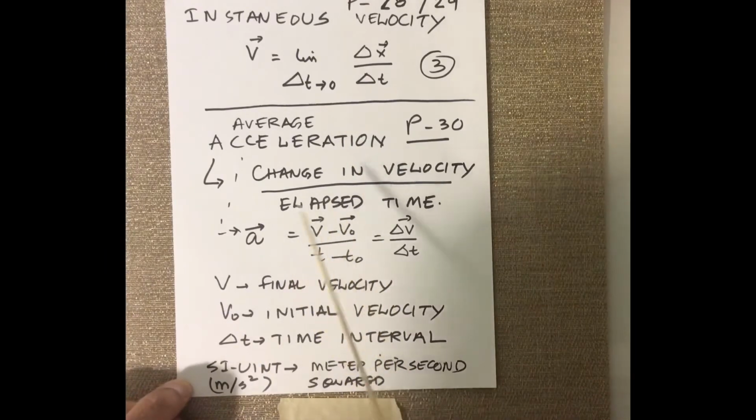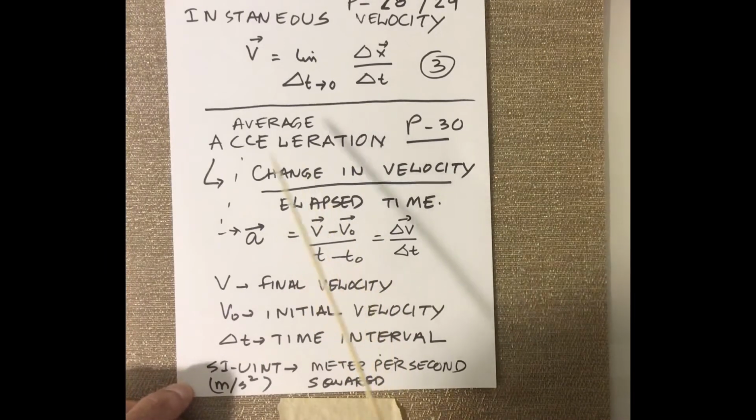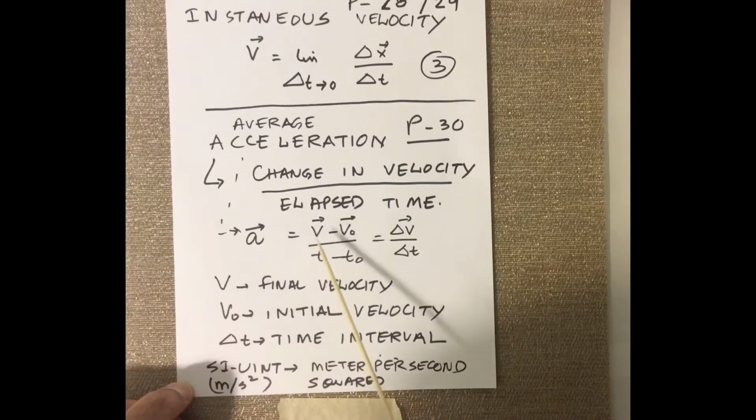The next definition is average acceleration. Acceleration is change in velocity with elapsed time. So you have final velocity take away initial velocity divided by time take away initial time. This is acceleration. All these are vectors because velocity is a vector.